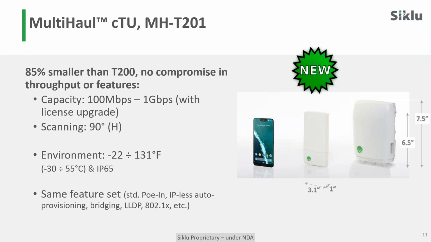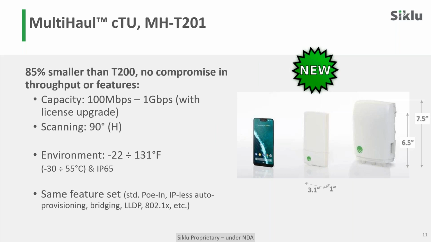It is also exactly the same feature set in terms of power into the unit, in terms of provisioning, in terms of bridging and switching, in terms of T201X, basically any other soft feature on the unit is the same, is uniform across all the portfolio.